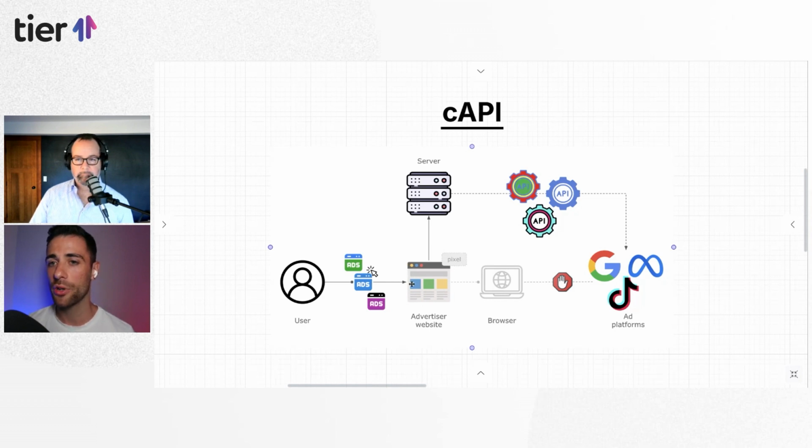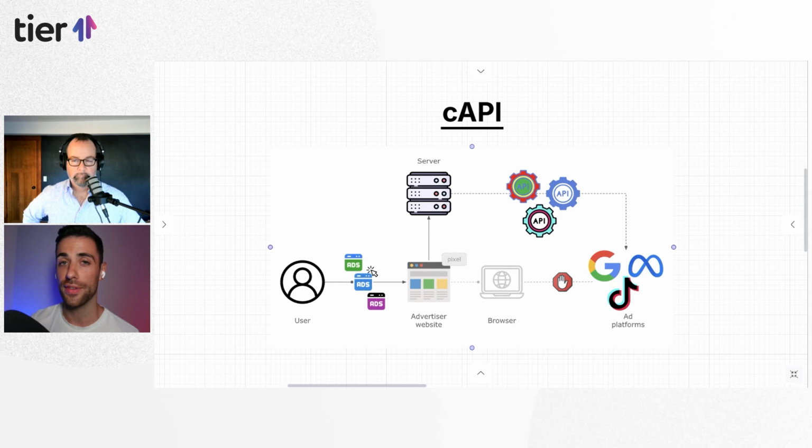And what that would do is you're still losing that click ID, but the server that your website is hosted on is able to look at what the people are doing on the website and, via the API, which is this section here, feed that first-party data, so names and email addresses from the website, back to the ad platforms.